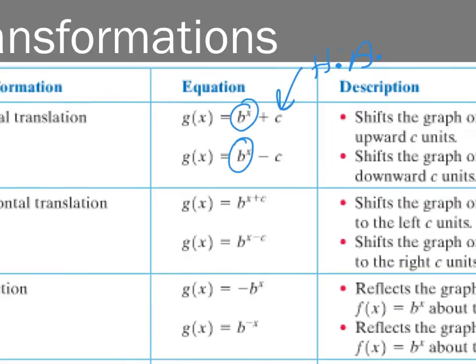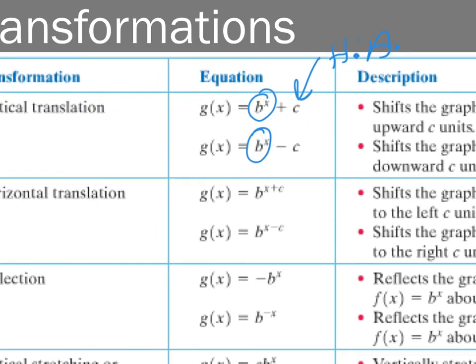But if I'm going to move my exponential function left and right, notice where the left and right is. Is it behind the function or is it involved with the x? Is it adding or subtracting at the very end, or is it right here with the x?